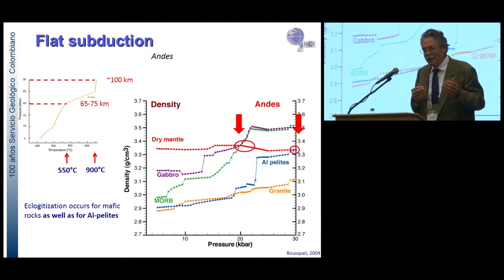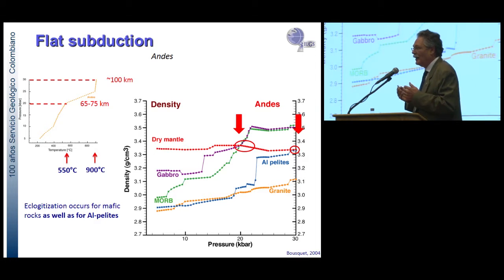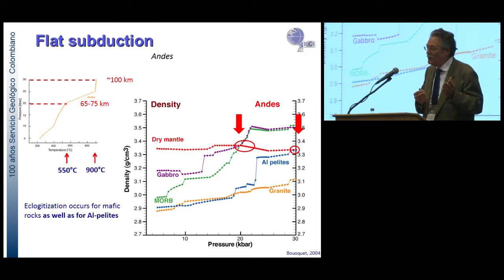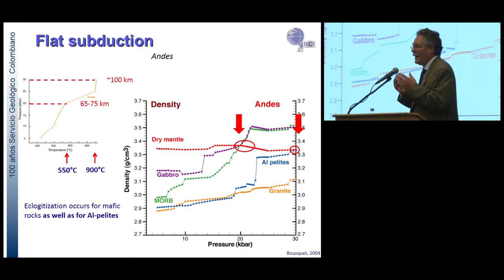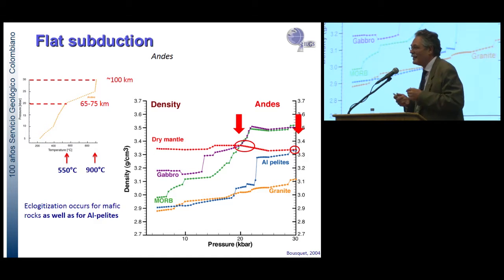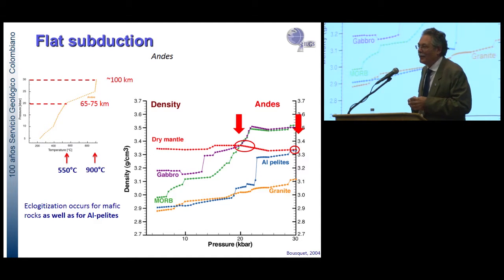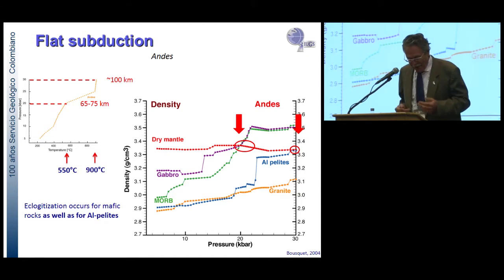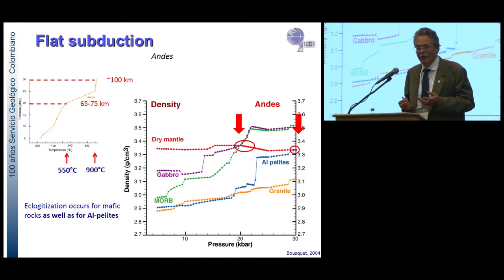But the changes are not only dependent on the static conditions, they're also dependent on the dynamic conditions. If you use different PT paths, trails, in your diagram, you arrive at the same rock type that you find in the field at different conditions.